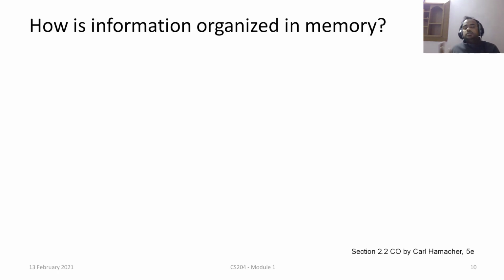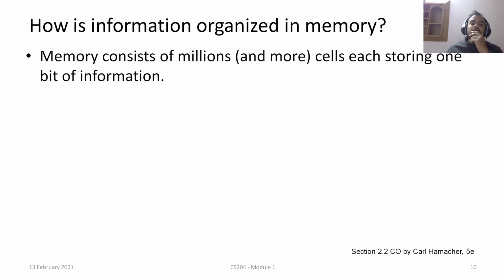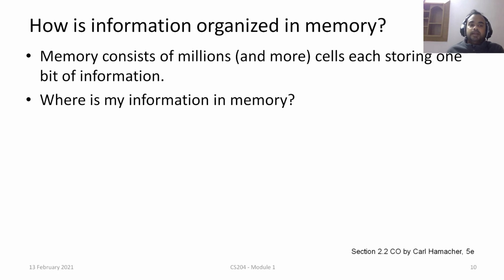Now, because both the data and instructions are sitting in the memory, and we'll be talking to the memory more than often, let's try to understand how this information is organized and stored in the memory. Typically, the memory would consist of millions, if not more, cells, and each cell would typically store one bit of information, either a 0 or 1.